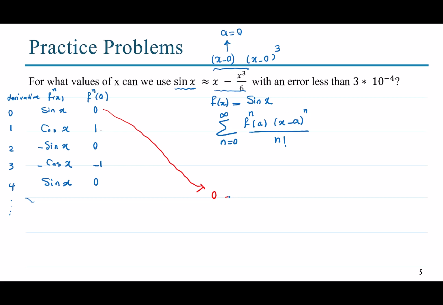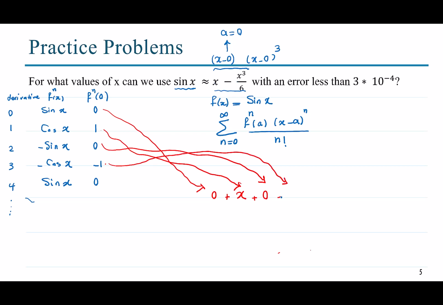So plus x, that comes from this one. The third one gives me, again, 0. This one gives me negative x cubed over 6. And this last one also gives me a 0.